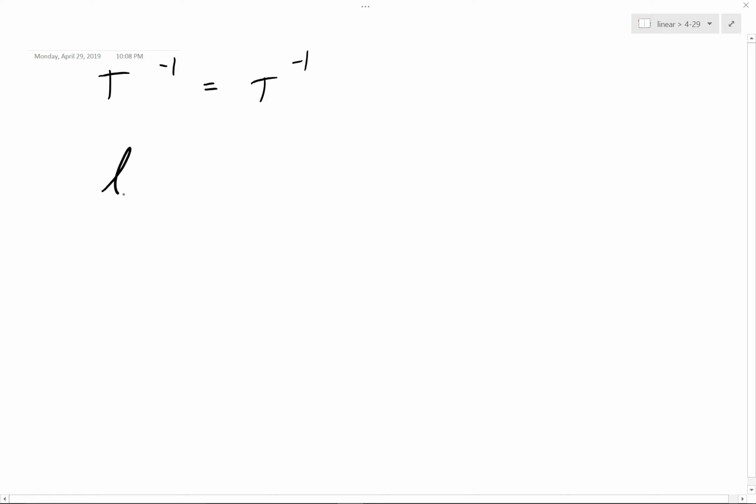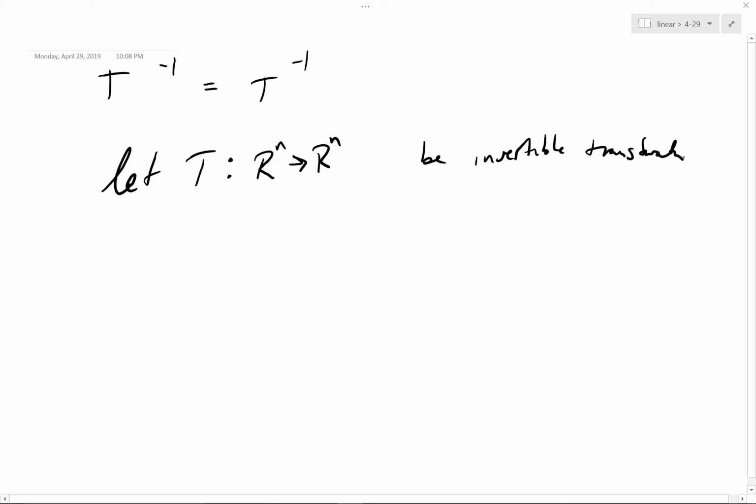So let T be such that Rn goes to Rn, being an invertible transformation. Then the standard matrix of T is an invertible matrix.